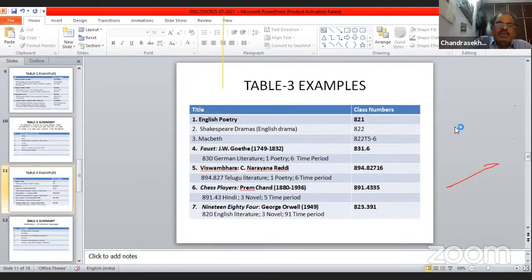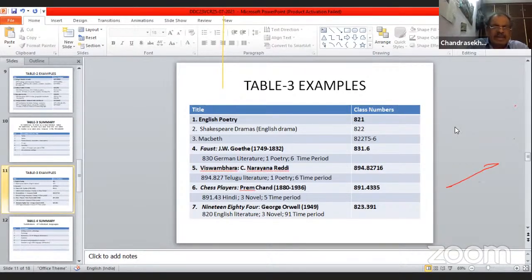English poetry, 82 is English. So 1 is already combined and enumerated in the schedules. For 81 American English, 82, 83 is German, 84 is French, like that up to 88 they have combined and listed in the Dewey decimal classification.